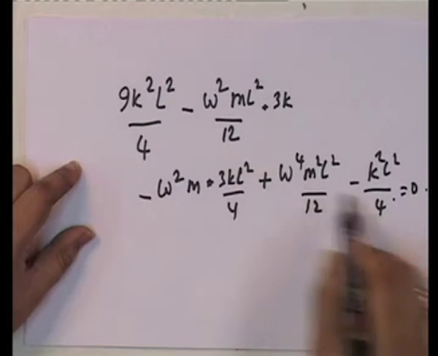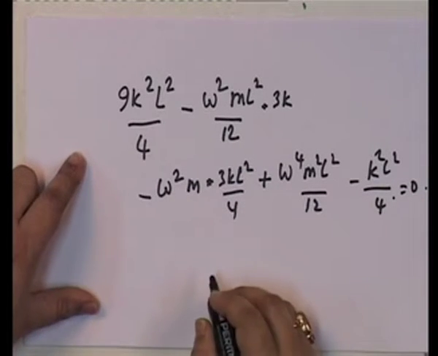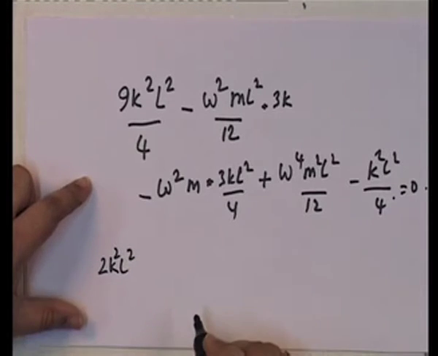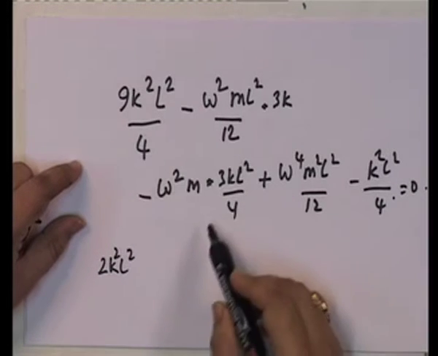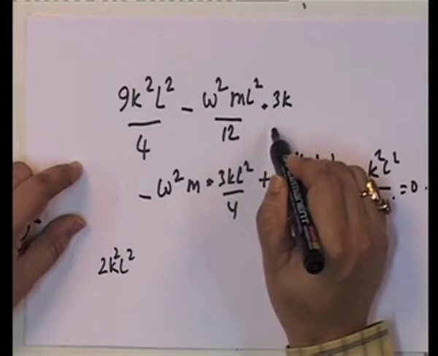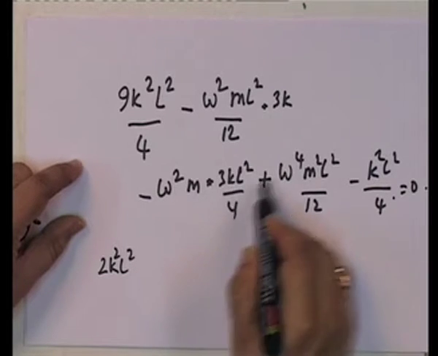Here, 9 upon 4 minus 1 upon 4 becomes 2k squared L squared. The omega squared terms: this is mL squared upon 4, this is minus 3 by 4 m k L squared.